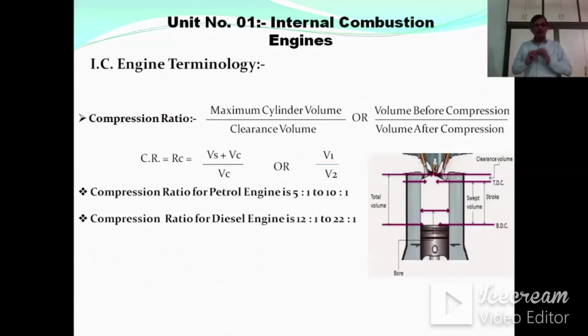The petrol engine is provided with a spark plug. By providing the spark, the fuel will be burned. When the compression process is at the end, at the end of the compression stroke, a spark is provided by the spark plug and the combustion process occurs.